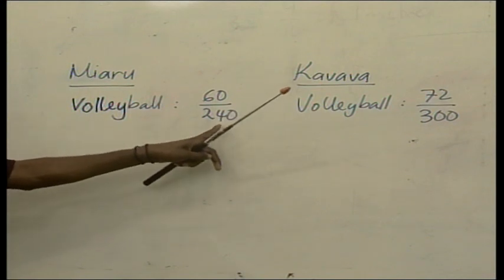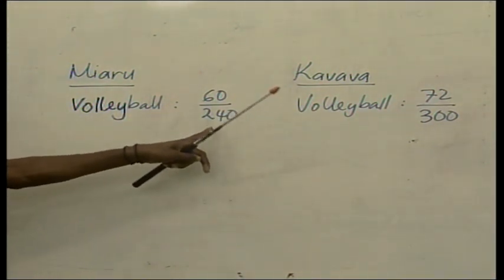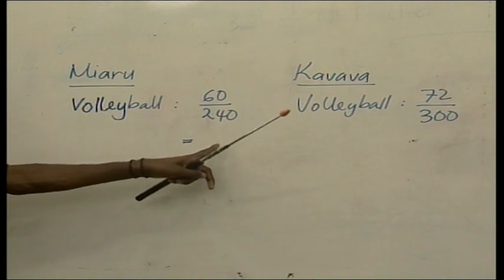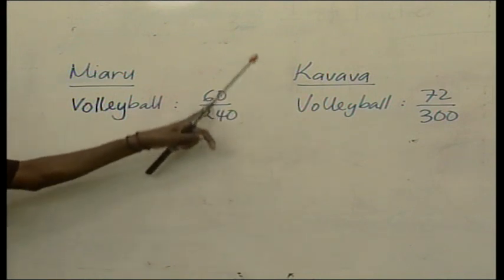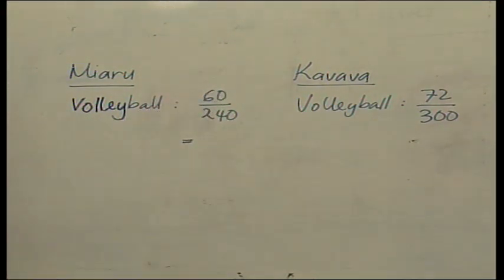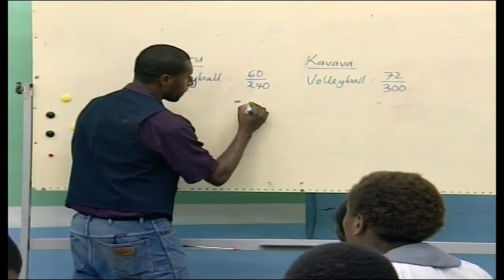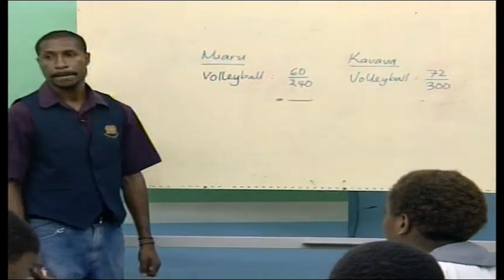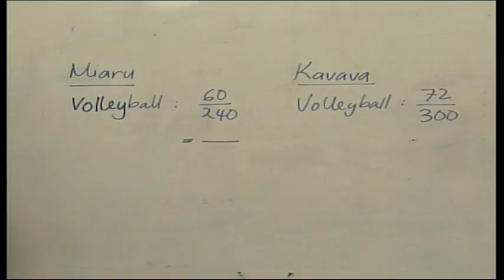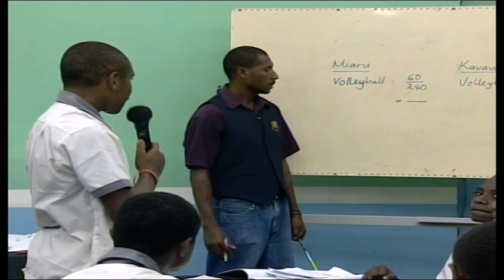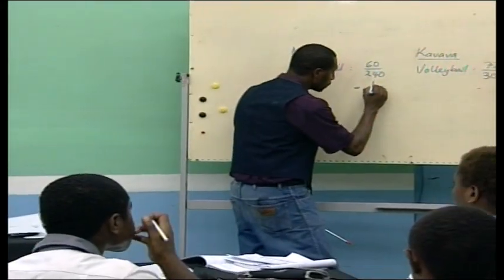We can simplify this to the simplest fraction or simplest form. So this in simplest form is what? Simplest fraction. Alan? 1/4. Very good. 1/4.